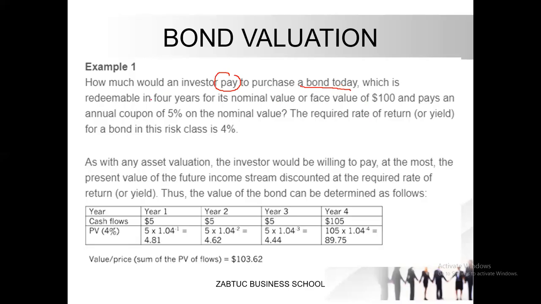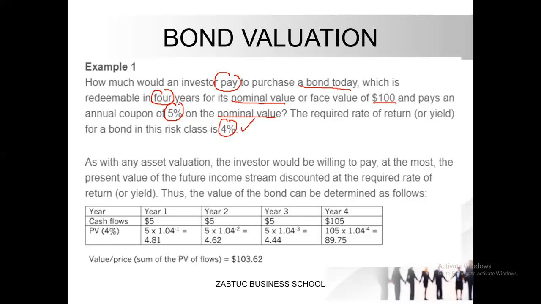So this bond is redeemable in 4 years' time for its nominal value or face value of 100 and pays an annual coupon of 5% on the nominal value. The required rate of return or the yield for a bond in this class is 4%. So that's your discount rate.